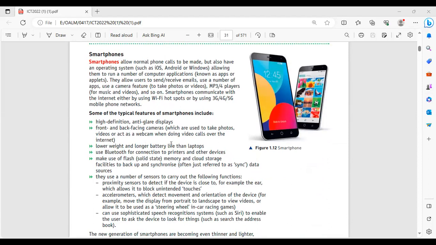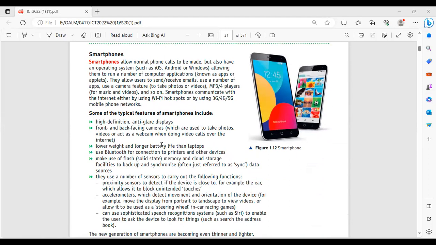Okay, Arsh, you can briefly explain about smartphones. Yes. All right. Smartphones were invented in the late 1800s, and they're used for phone calls, and they have operating systems such as iOS, Android, and Windows, allowing them to run different applications.